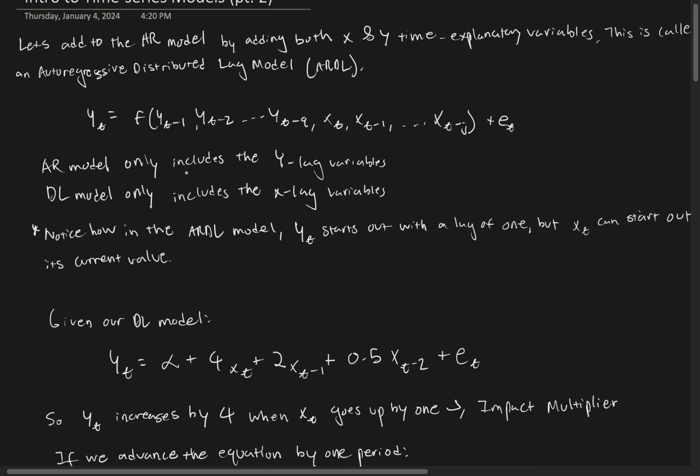The reason is that our output is the current y value, so if we started with the current y value on the right side of the function, that wouldn't intuitively make sense because we would have a direct autocorrelation.